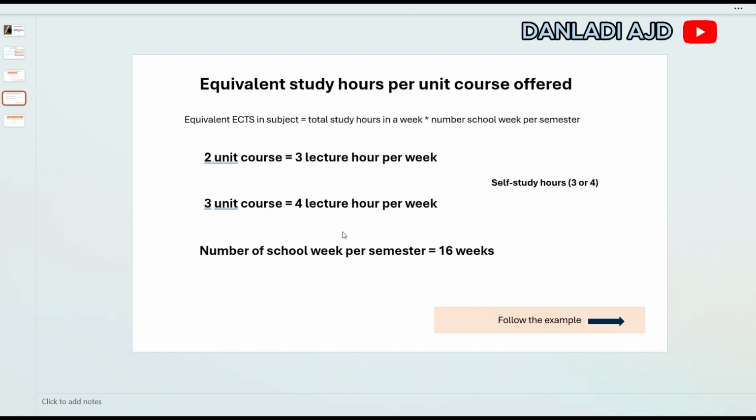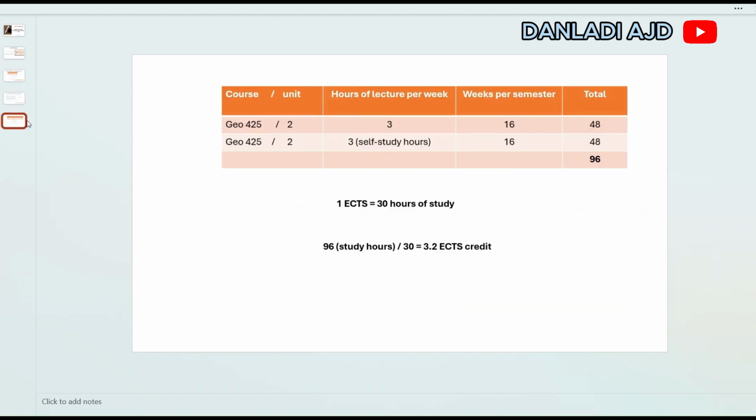Now, let's see the example that we have for Mr. Nelson Smith trying to calculate the ECTS for Geo 425. Mr. Nelson Smith took a course Geo 425 that is a 2-unit course. That 2-unit course, he had lectures of 3 hours in a week.